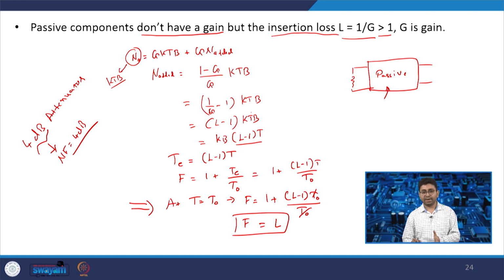We found the output noise, how much noise is added, and based on the equivalent temperature TE we found the noise factor, and at temperature T equal to T naught, the final noise factor. This is a noise factor in absolute terms; if you convert it into dB, it is the noise figure that we have already seen in the last class.